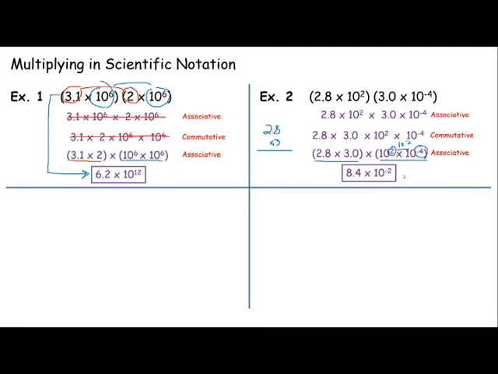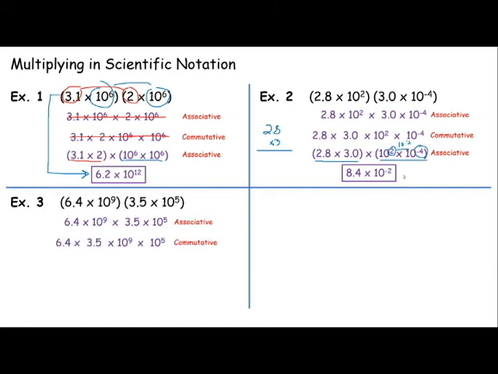That's not bad, right? Let's try another one. I would again suggest that you pause the video, try this on your own, and then watch my explanation. I'm going to go ahead and keep going. Associative property to regroup. Commutative property to rearrange. Associative property to regroup. I'm then going to multiply the 6.4 times 3.5.